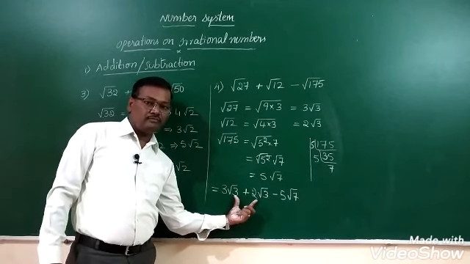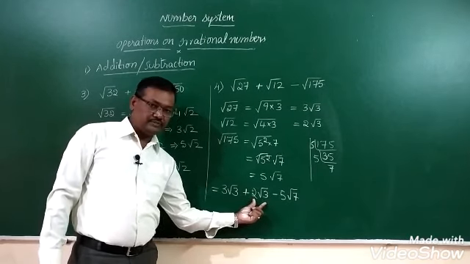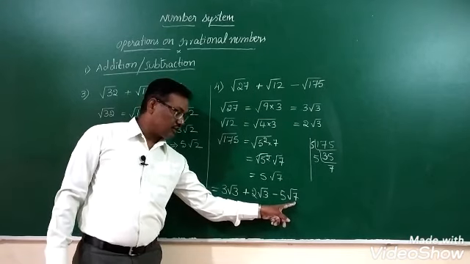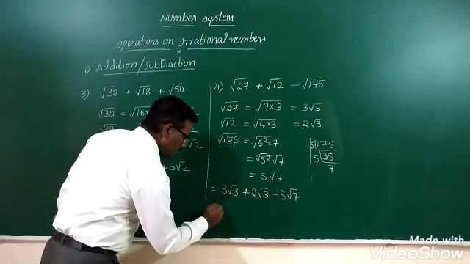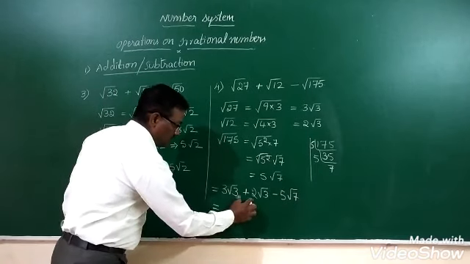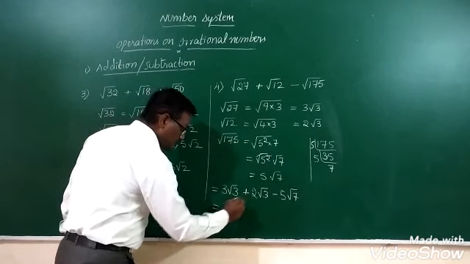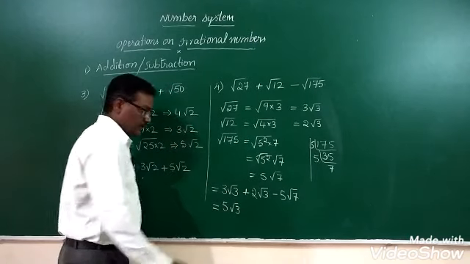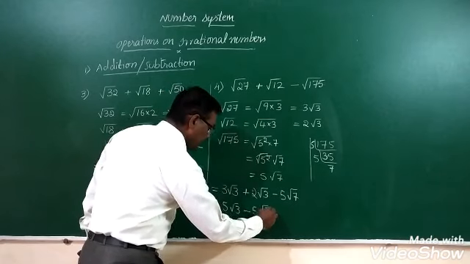Only we can perform either addition or subtraction based on like terms. It is unlike, because of irrational factor is 7, root 7. Now, these two are like, both having same sign. We can add up 3 plus 2, 5 root 3. Clear now? Minus 5 root 7.